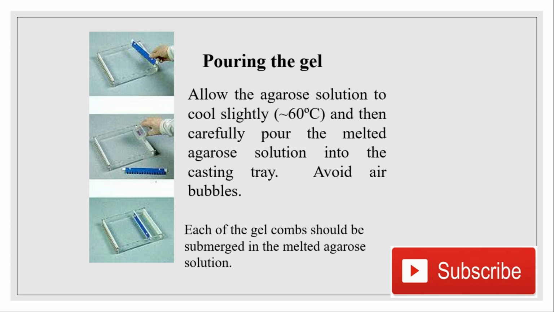You can add 3 to 4 microliters in 100 ml of agarose gel for proper staining and visibility of the bands while analyzing.